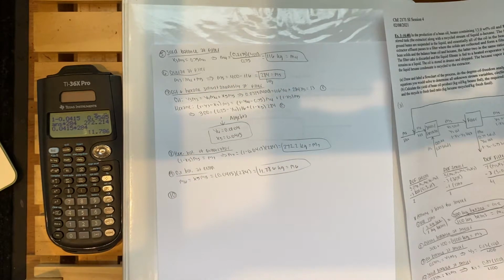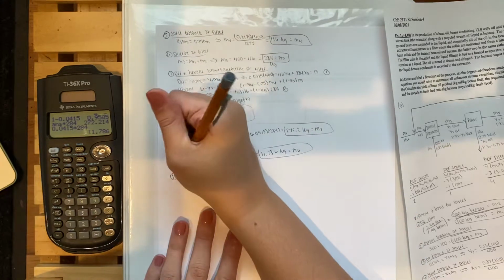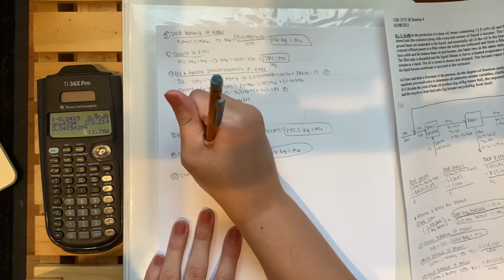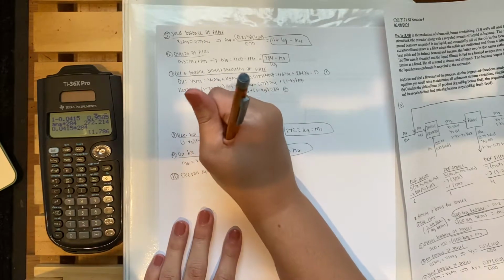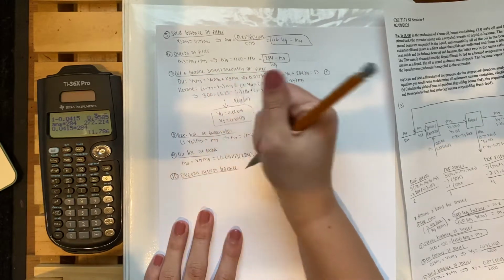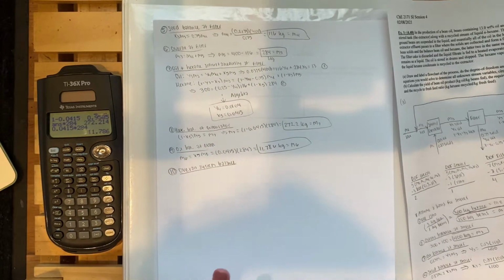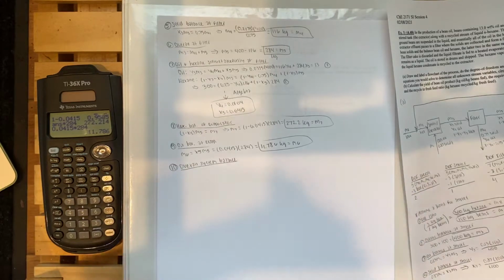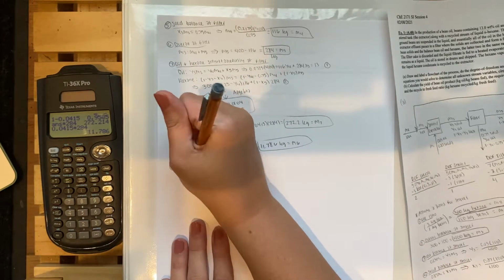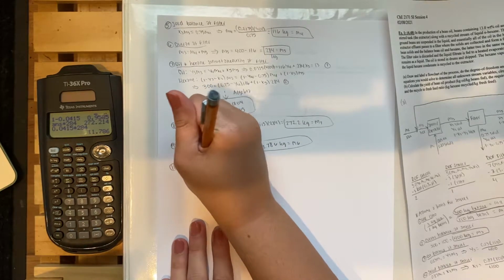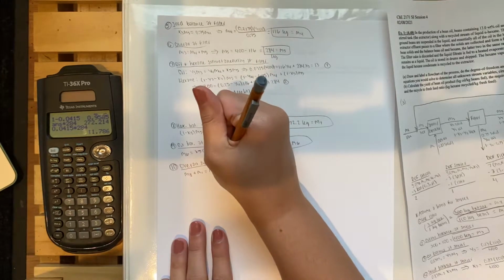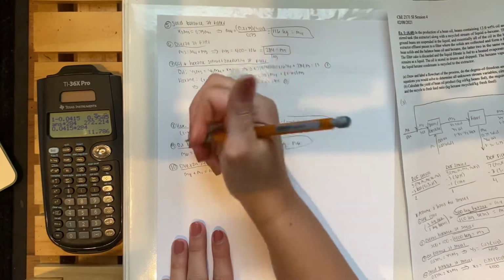And now our final unknown. We're going to do an overall system balance. And the overall system balance is going to look like M8 plus M1 is equal to M4 plus M6.